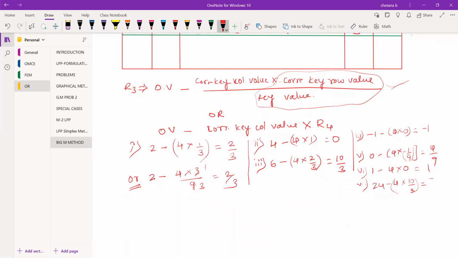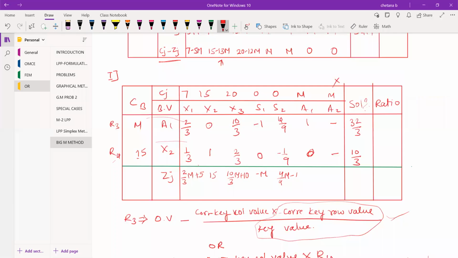So this is 2/3, this is 32/3, and this is 5/3.